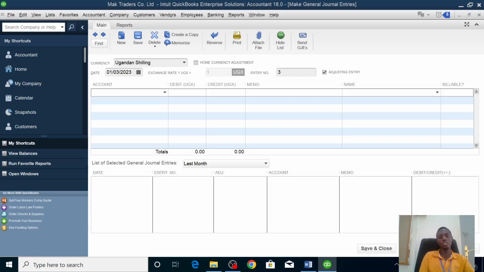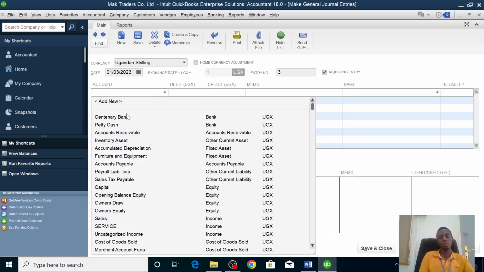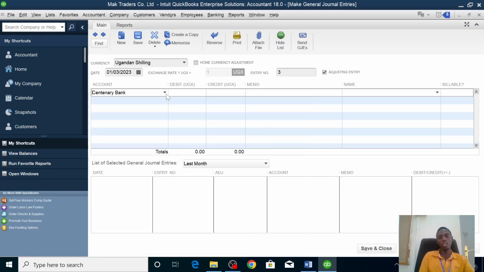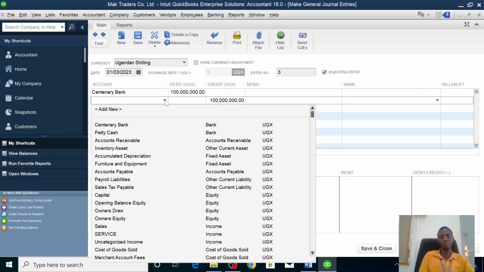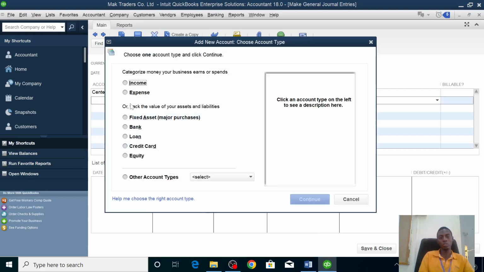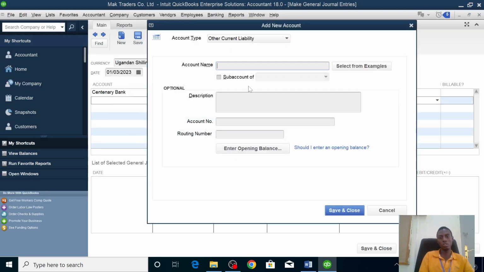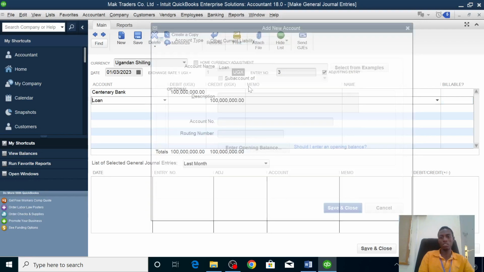So bank loan, you have to deposit it, Centenary Bank, 100 million. Then credit loan, but we have to add a new one, enter it as loan account, then we save and close.